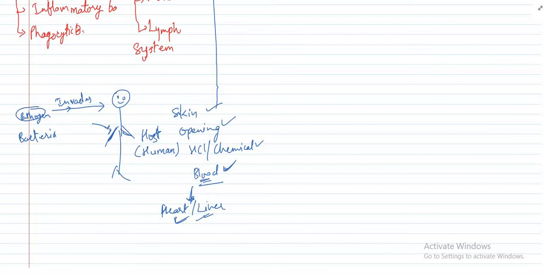Mostly pathogens are available in the liver and gallbladder and nearby areas where they can find food easily. That's why they go there.